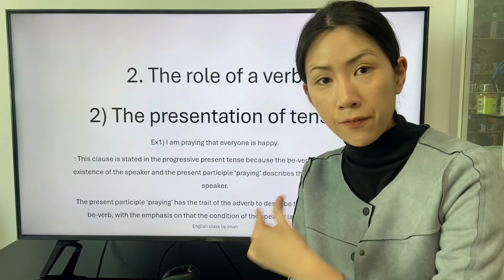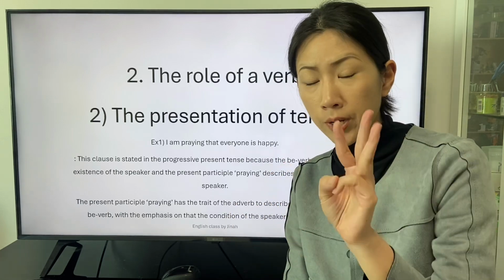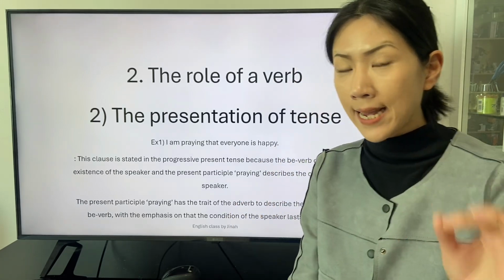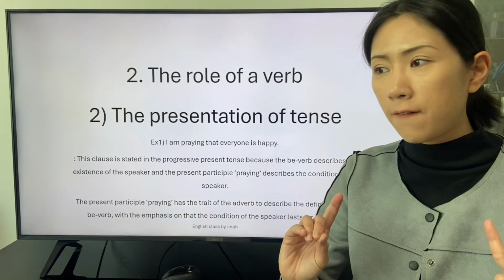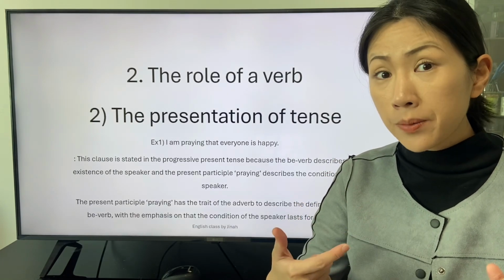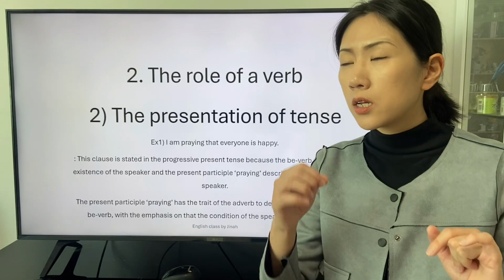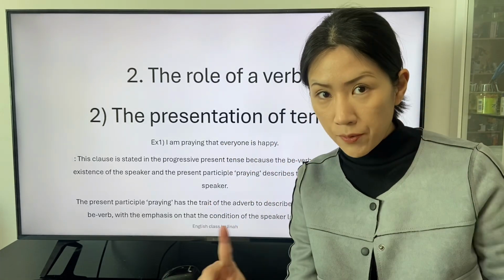The converted form of the verb with three letters ing means that the definition of the original form of the verb lasts for a period.